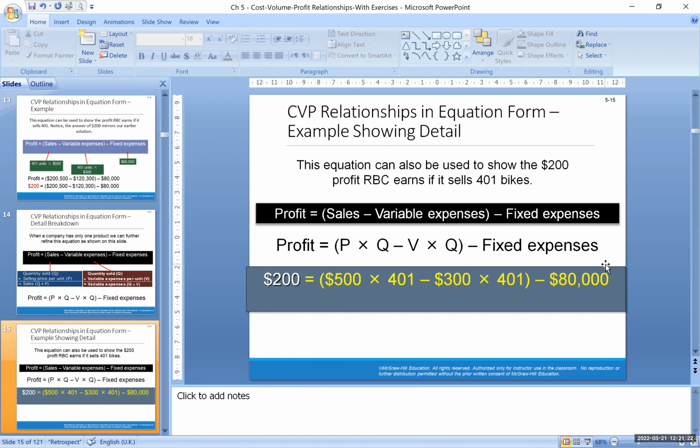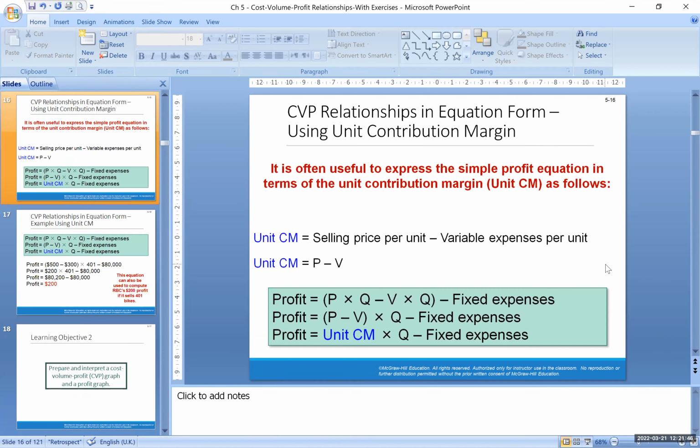So P multiplied by Q, which is $500 multiplied by 401, minus the variable cost per 1 unit, which is $300, multiplied by 401 units, all between brackets, minus the fixed expenses, which is $80,000. Then the answer for the profit will be 200.